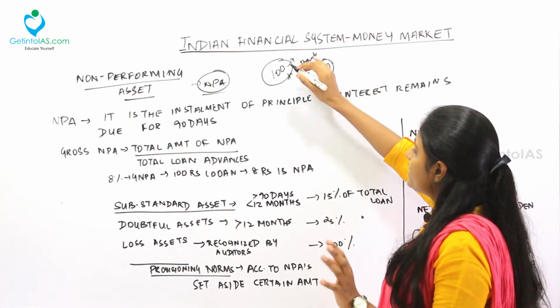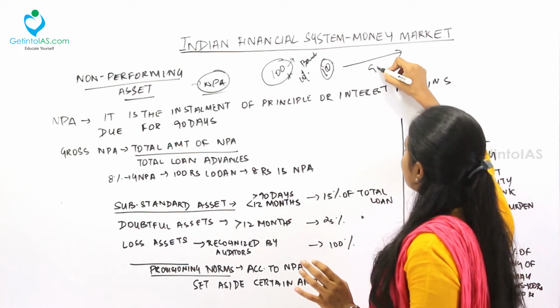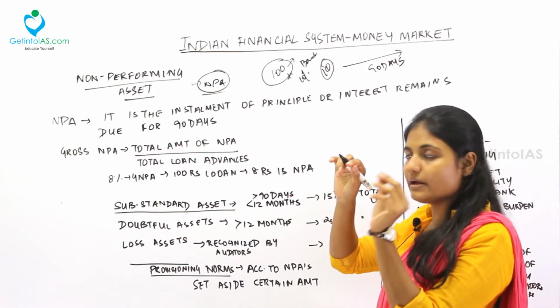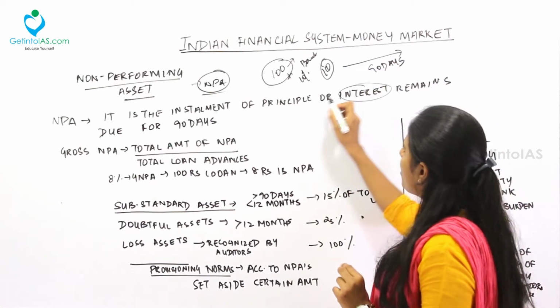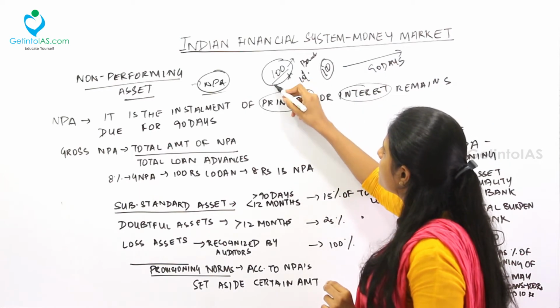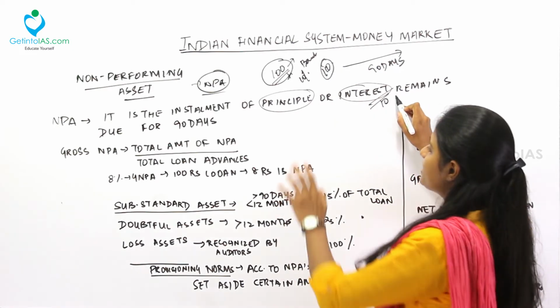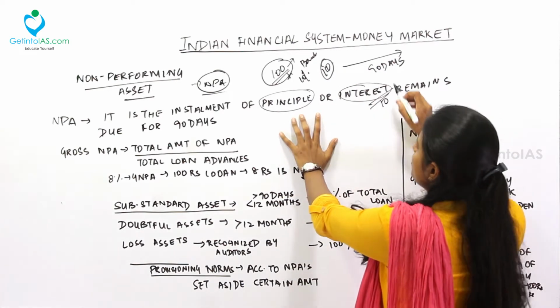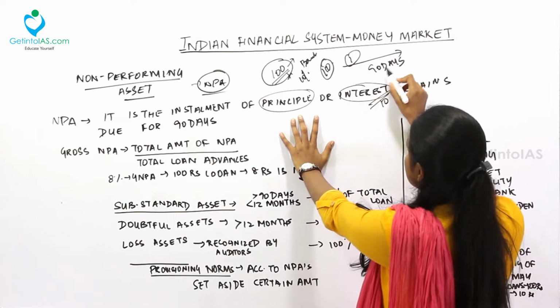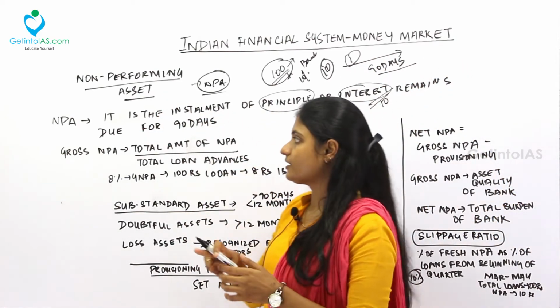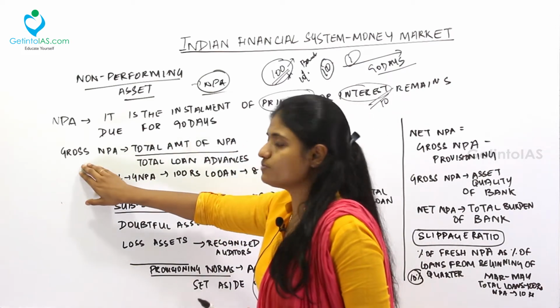Correct? In case within the first 90 days of me getting the loan, I didn't pay even a penny of the interest or the principal, where the principal amount here is 100 rupees and the interest amount here is 10 rupees, if I didn't pay any of this, not even a penny within these 90 days, that is termed a non-performing asset of that bank. So there are two terms to be noted down here.